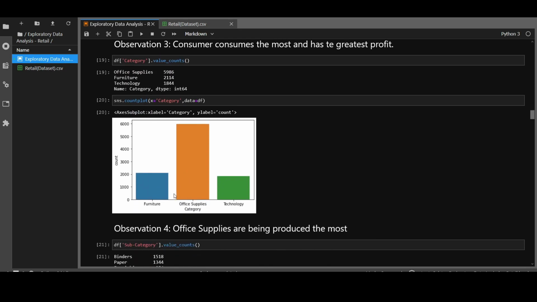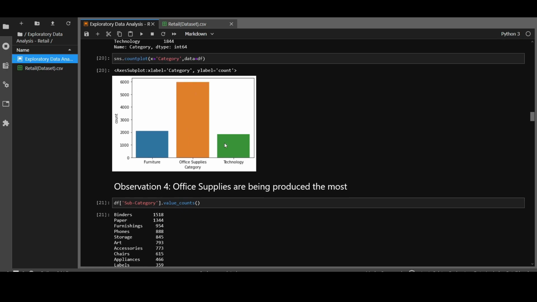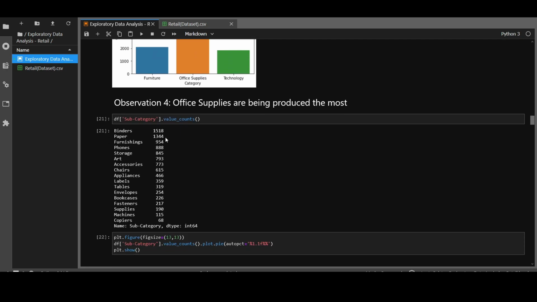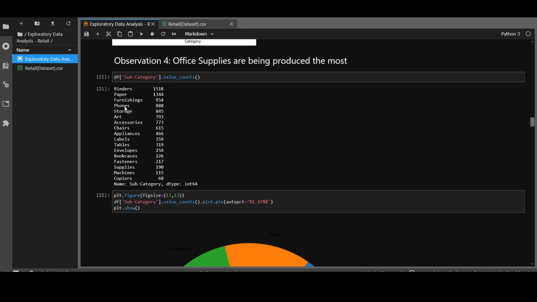Now again a plot is here, a category versus count plot, and as we can see, the office supplies category is the highest, that is, it's being produced the most. Now these are the value counts, meaning the counts of the subcategories.